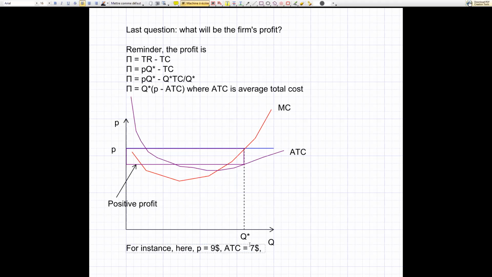And let's just say Q star is, so that's 5, 10, 15, 16. So let's just say Q star is 16,000. Let's just say these are thousands of pencils. So 16,000.